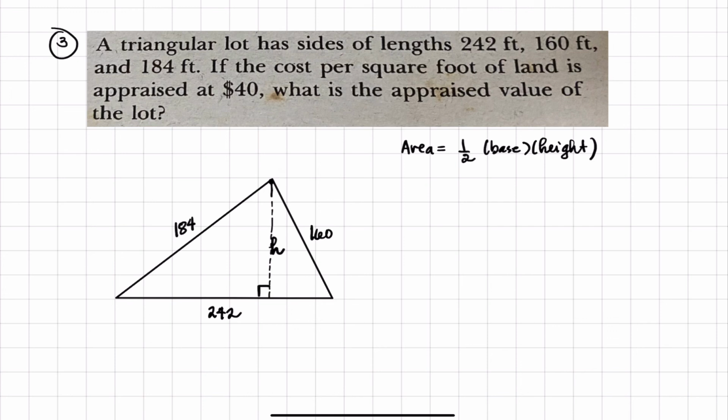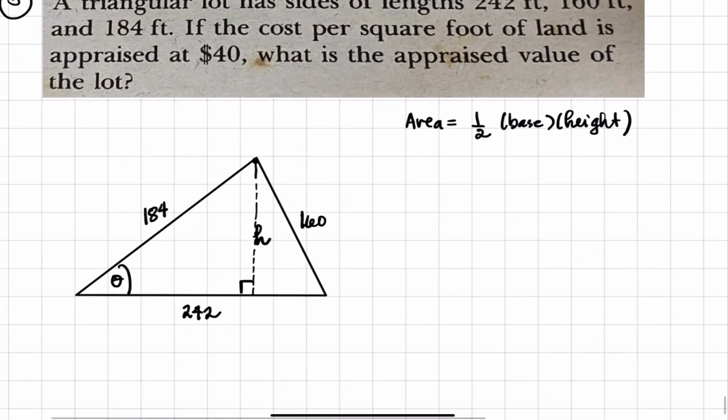Okay? So, paano ba to? Paano natin mahuhugot yung height na yan? Gamit tayo ng mga right triangle trigonometry, no? Kung kaya nito. Kunwari ito theta. So, sin theta is equal to opposite over hypotenuse.